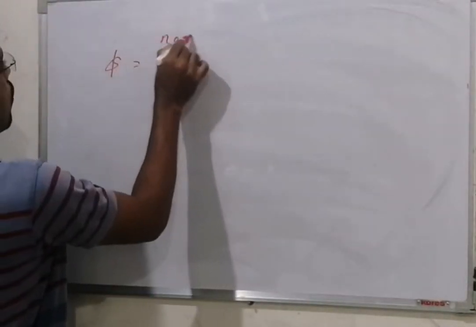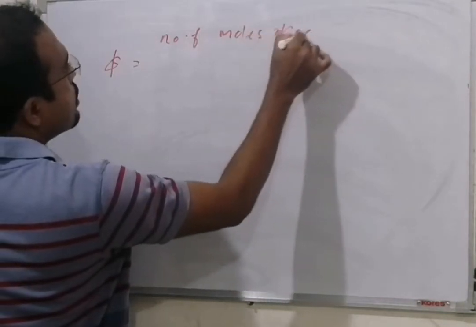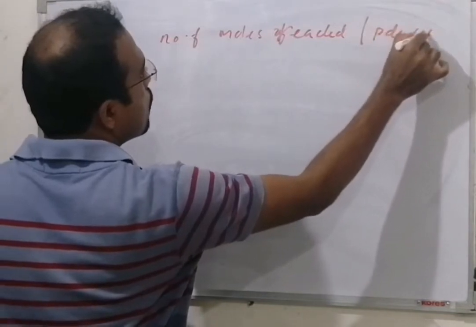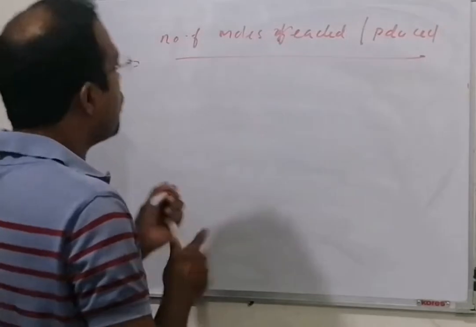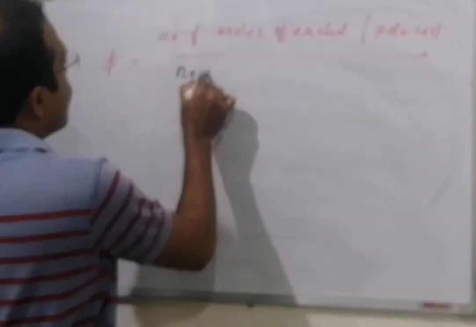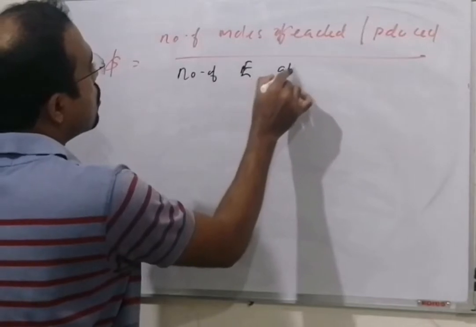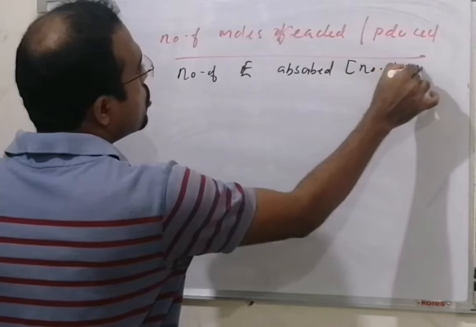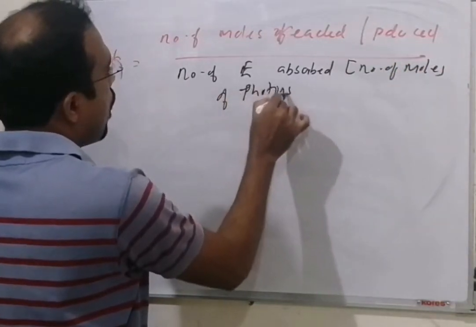It is the number of moles reacted or produced divided by the number of Einstein absorbed, or number of moles of photons absorbed.